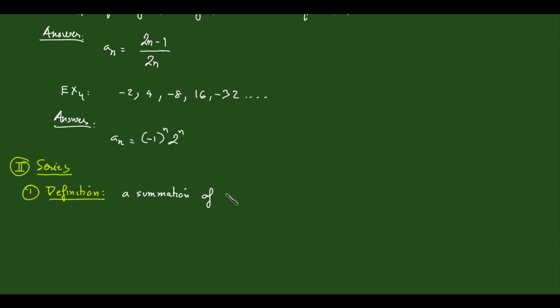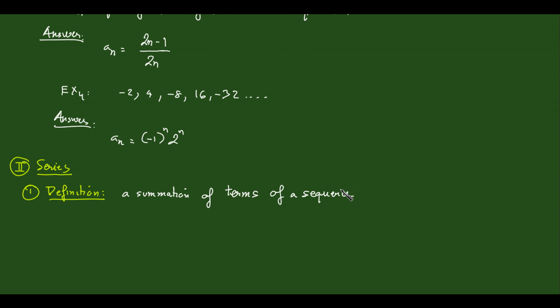Let me see how I'm going to express that, because you can add the first 3 terms or you can add all the terms. So I'm just saying it's a summation of terms of a sequence.